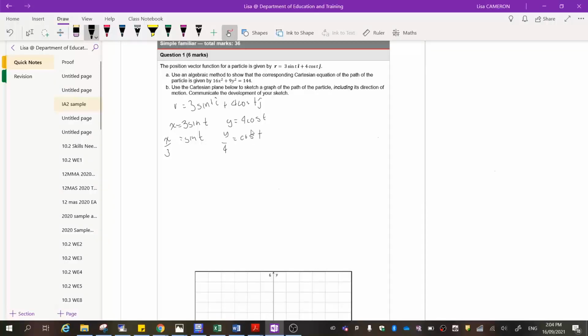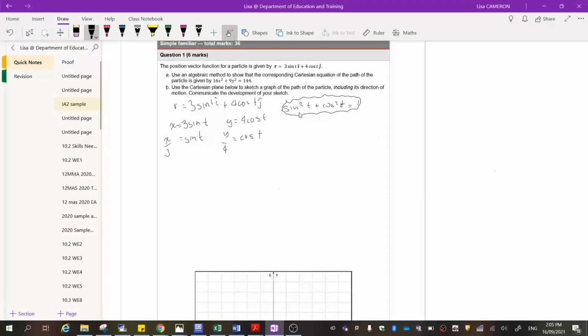Now, this question is very difficult purely because you need to know a lot of little mathematical details, a lot of formulas, but most of them are on the formula sheet. You have to recognize the Pythagorean identity that sin squared t plus cos squared t is equal to 1. This is a very important formula that you'll need to know to do this question.